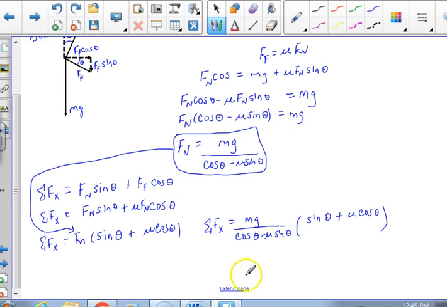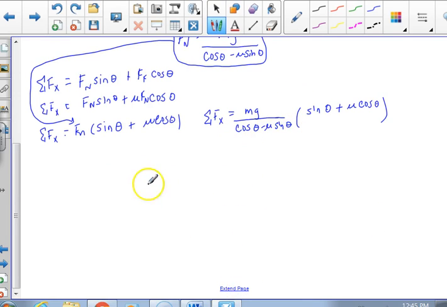And simplifying this a little bit, making it look a little bit better, sum of forces in the x equals mg times sine theta plus mu cosine theta over cosine theta minus mu sine theta.